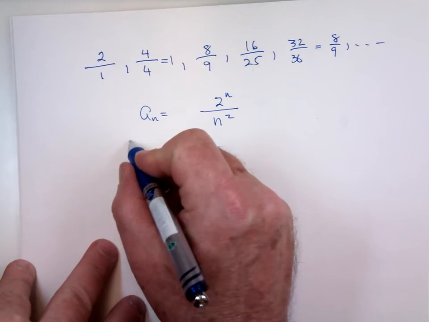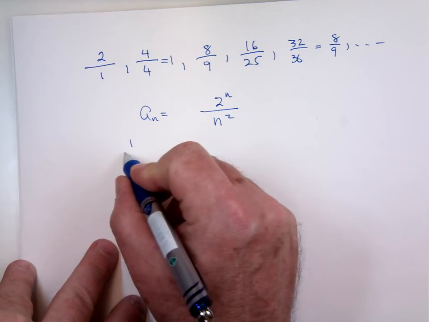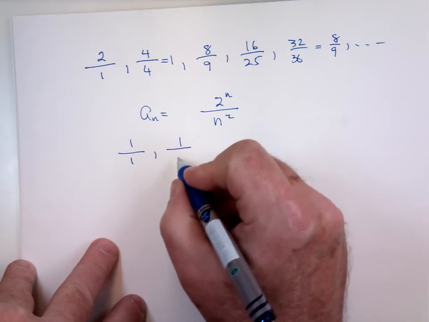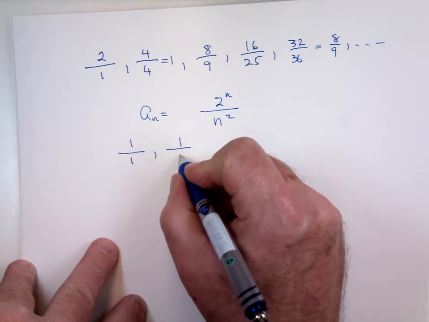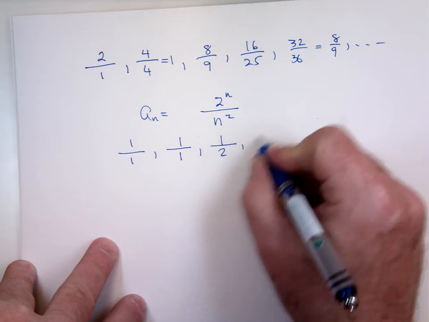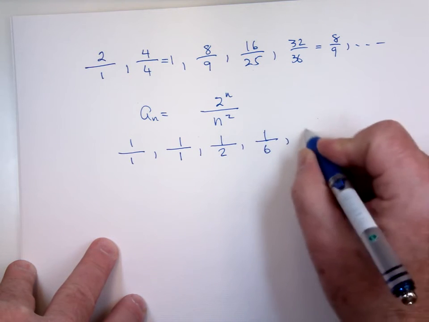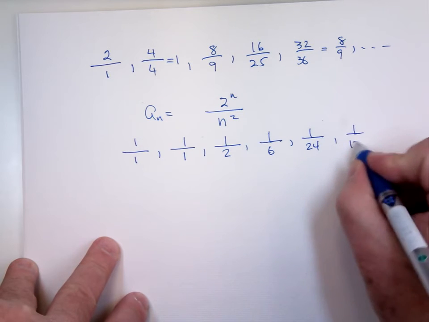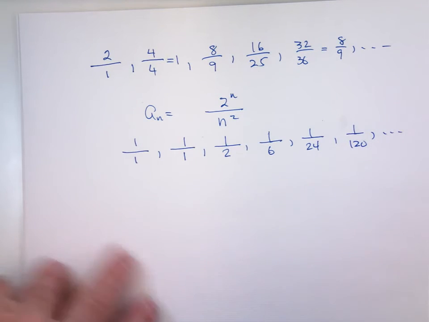What about this? 1 over 1. Let's just make it simple because otherwise I'll screw it up. 1 over 1 again. 1 over 2. 1 over 6. 1 over 24. 1 over 120. These are things we're going to run across a lot.